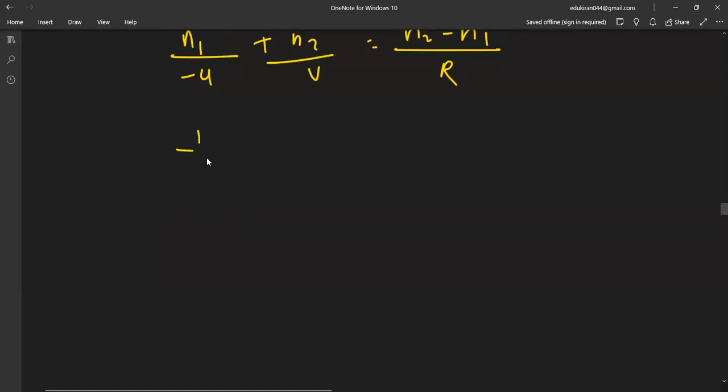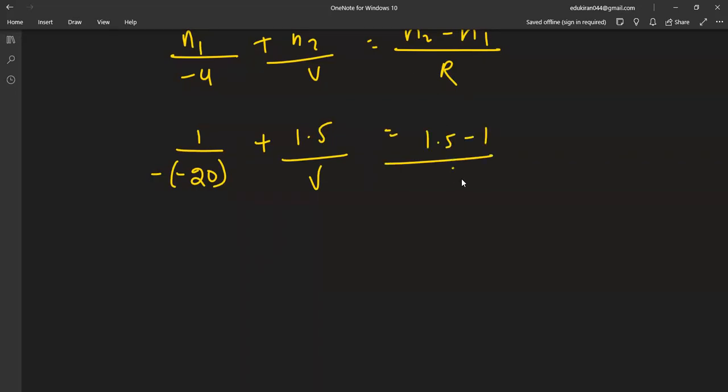This will be 1 by minus 20. Already this minus sign is there, so 1 more minus. Understood? 1 minus because of the formula, and u is already minus 20. Then plus 1.5 by v is missing, 1.5 minus 1 divided by 10.